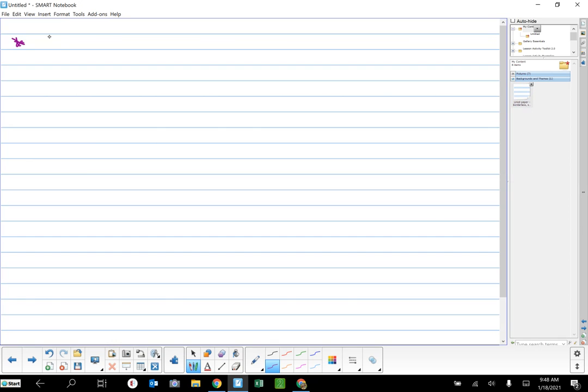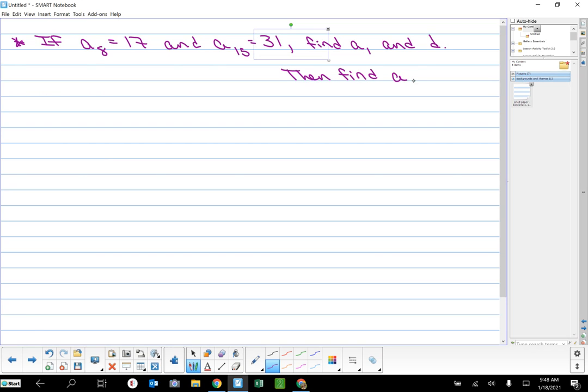here's an example. If a sub 8 equals 17 and a sub 15 equals 31, find a sub 1 and d, then find a sub 38.